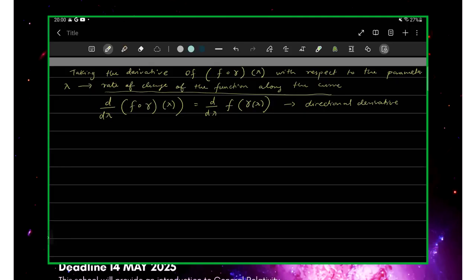And in this sense, we're trying to figure out the rate of change of this function along the curve, which is parameterized by lambda. So we are taking the rate of change along the parameter lambda, which we could think of as some direction, which basically probes how the curve is directed in that essence.